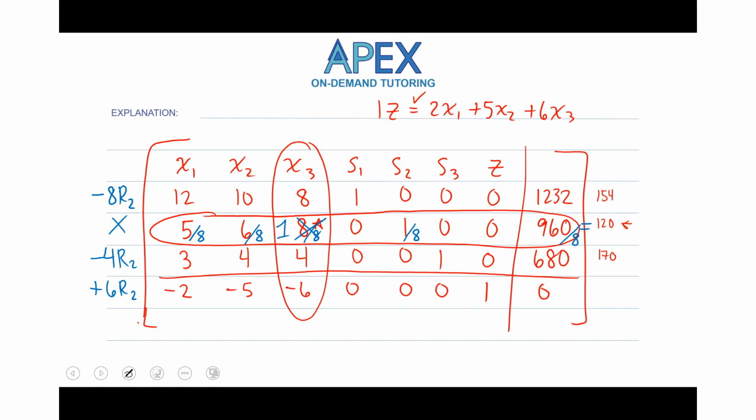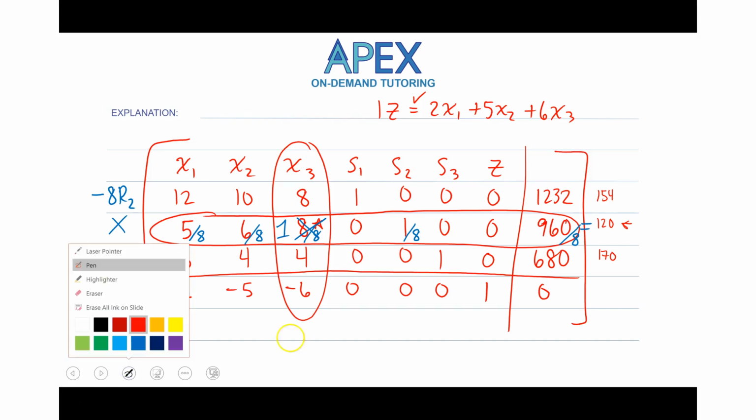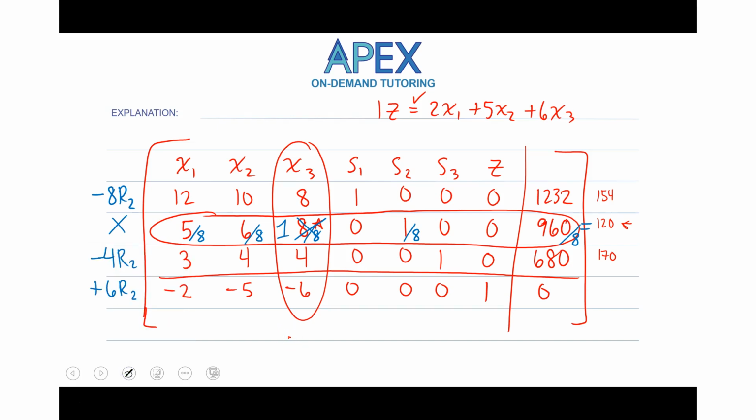I consider myself to be decent at mental math, and this was pretty challenging to try to keep all the numbers straight. Okay, so we are going to go again here, and we have x1, x2, x3, s1, s2, s3, z and our constant.